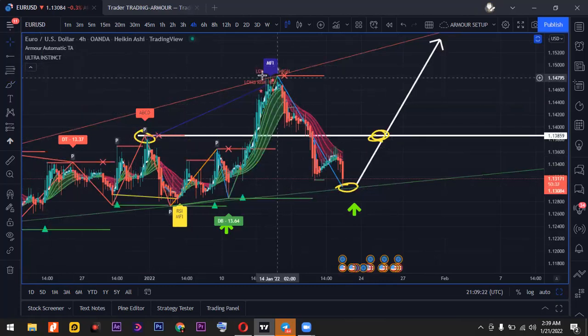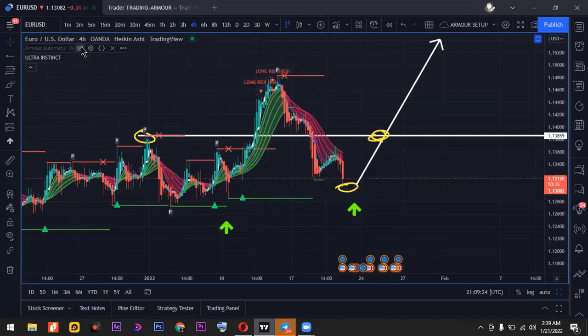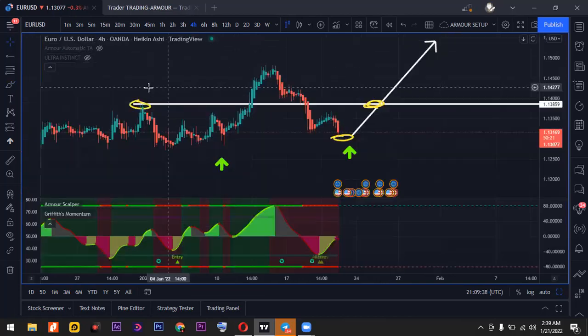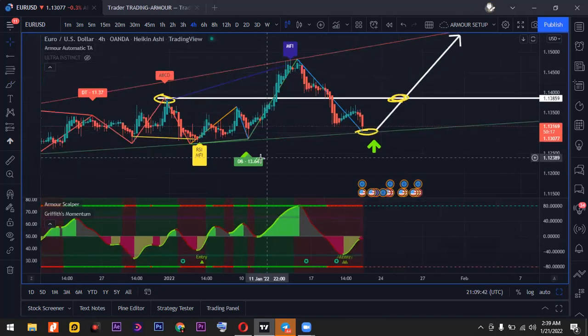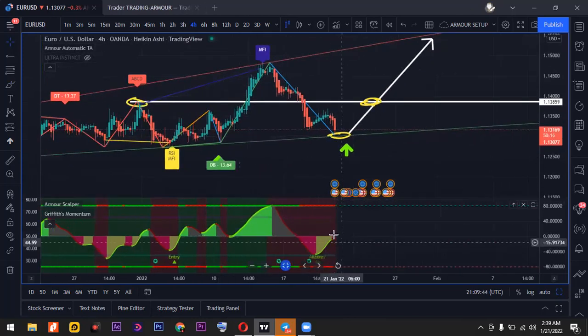Look, it is showing the red X. Whenever it shows the triangle, we enter. Or if you see this is lagging, the scalper is faster. That's why I call it scalper. We can use it for scalping. It is faster, so whenever it changes color, we enter.